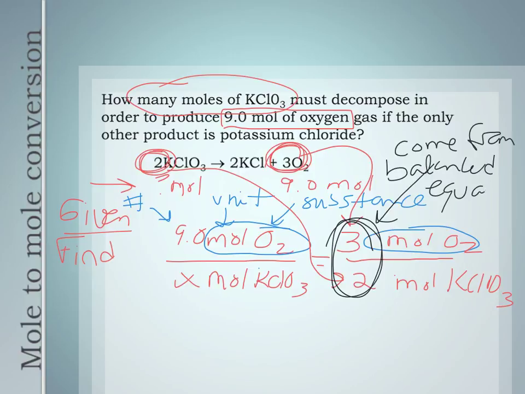Make sure you have that in your notes so that you can remember where the 3 and the 2 come from. At this point, we just want to cross multiply and divide. So I have 2 times 9 divided by 3, and that gives us an answer. Go ahead and pause this to calculate it on your own, and after you've calculated, start the video again to see if you get the same answer I do.